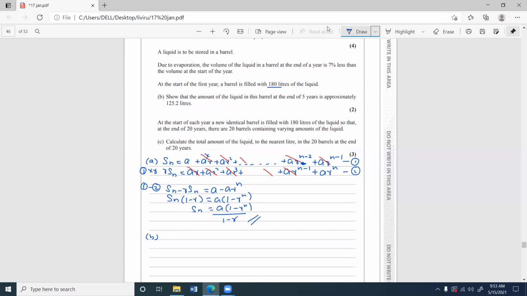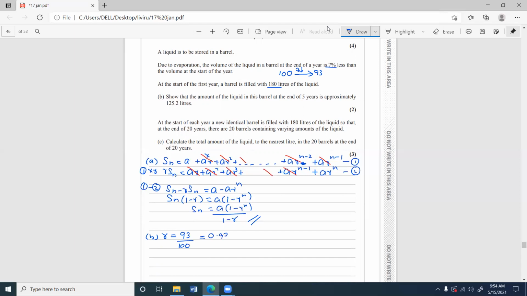Now, 7% less means at the beginning, if it is 100, after a 7% decrease it becomes 93. From here, you can get the common ratio: if the first term is 100, the next term becomes 93, so the common ratio is 0.93.